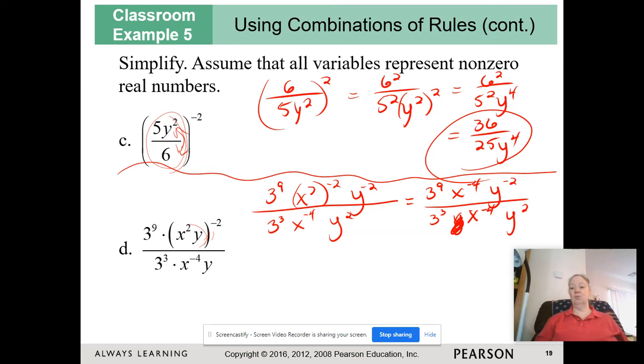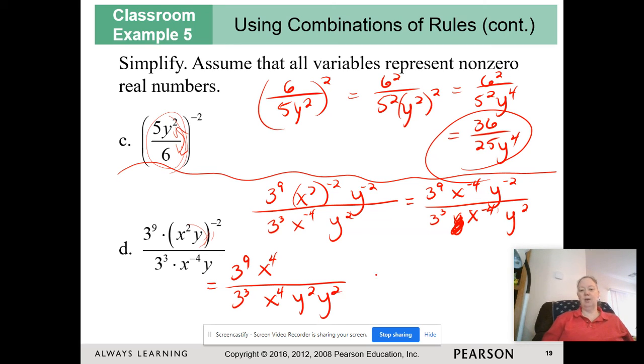Negative exponent is going to go to the bottom. Negative exponent going to go to the top. Negative, come to the bottom. So I'm going to rewrite it. 3 to the 9th. Notice I'm not doing anything else other than just these negative exponents. So the bottom one comes up to the top, and the top one comes down to the bottom, and this y still stays in the bottom. Okay?